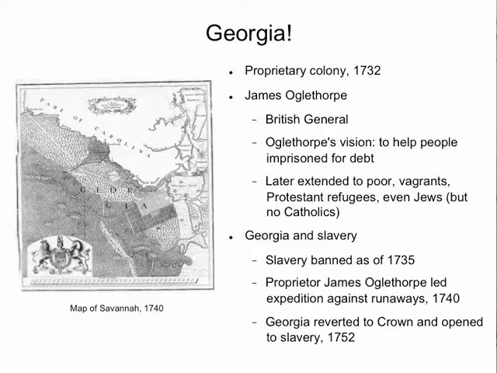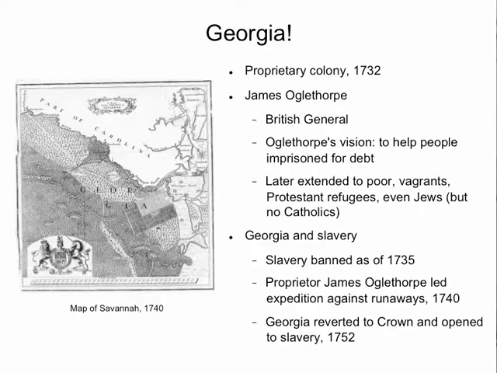Starting in 1735, slavery was actually forbidden in Georgia. Now, that was not because James Oglethorpe really loved African Americans or had a special hatred for the institution of slavery.